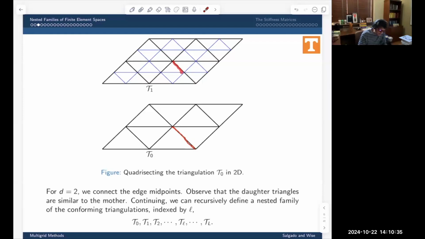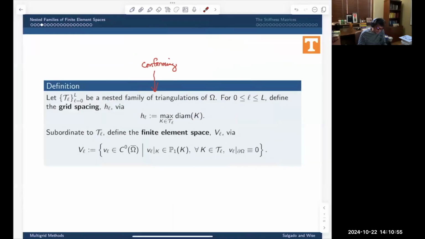Again, all triangles are similar triangles. They have the same diameter, and the diameter is given by that length there, which is going to be 1/2 the diameter of this guy. So the diameter in my triangulation always goes down by 2, right? So that's how I get the mesh spacing or the grid spacing at each level in my triangulation.